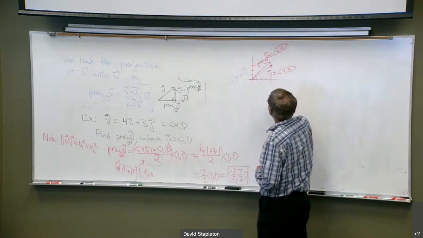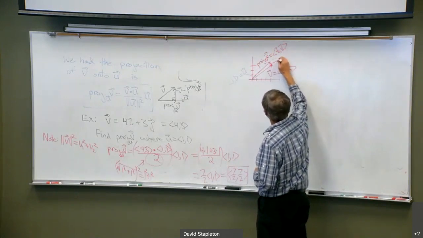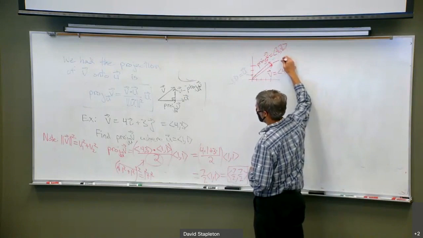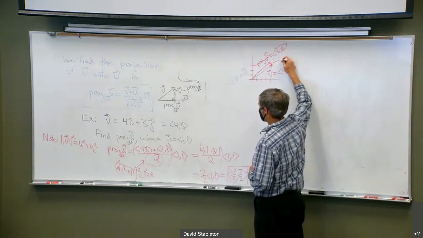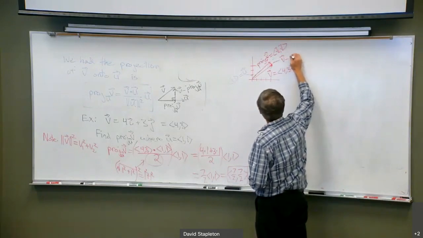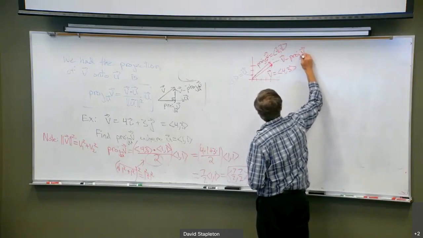And you can kind of tell from this picture that what's left over here is going to be rather short, right? What is this going to be? This is going to be the orthogonal component, V minus the projection of V onto U.